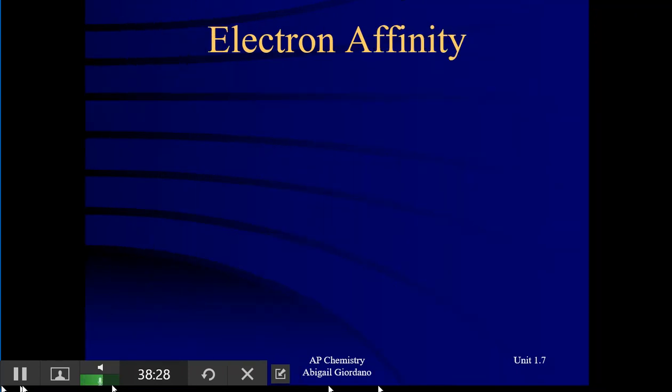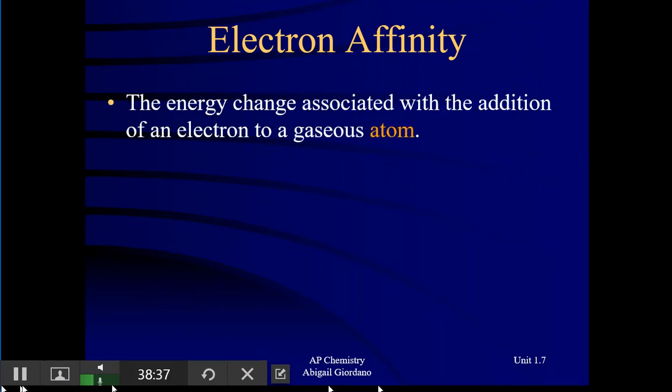This is our last periodic trend, and it's very brief. I saved it for last because it's the one that is covered the least. It's called electron affinity. Okay, and it's kind of the opposite of ionization energy. Ionization energy is the energy associated when an electron is removed. Well, this is the energy associated with the addition.